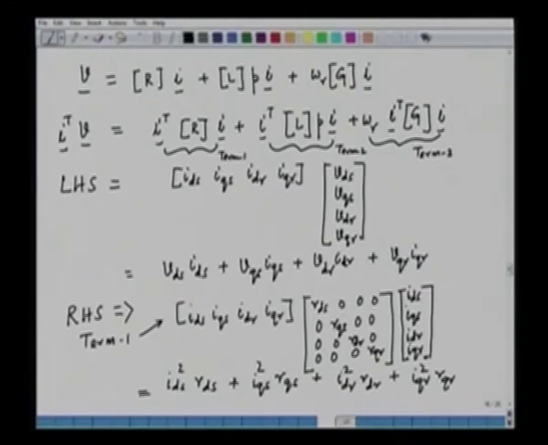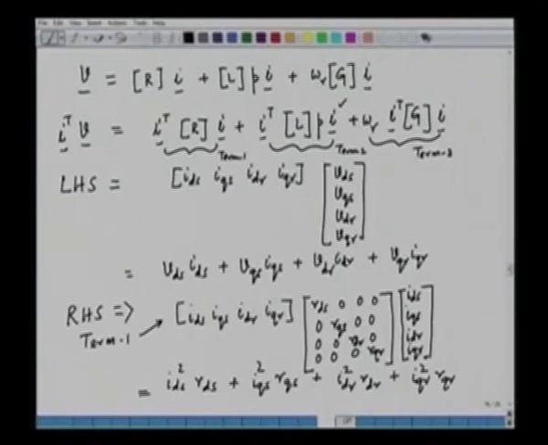Now, what about the second term? The second term is this term. Now, if you see this particular term, we can just see what is this term 2. The term 2 is I transpose L matrix and Pi. I is a vector.